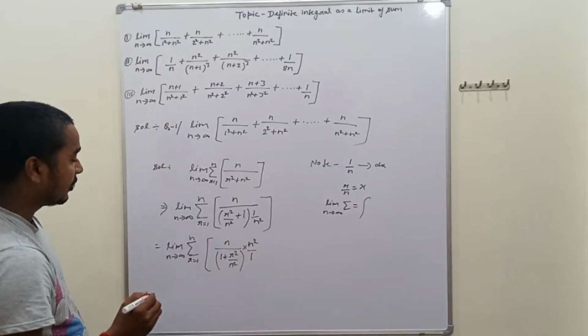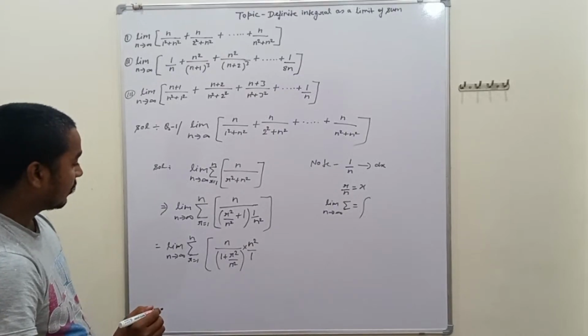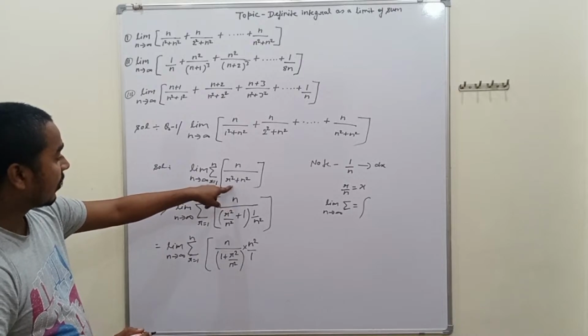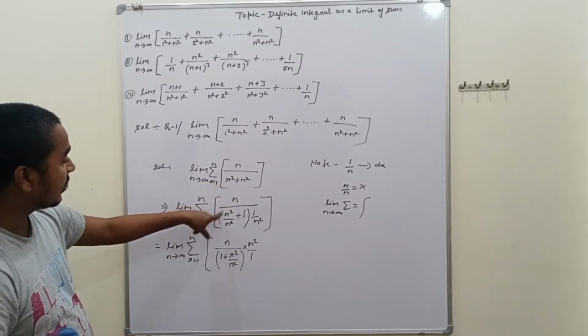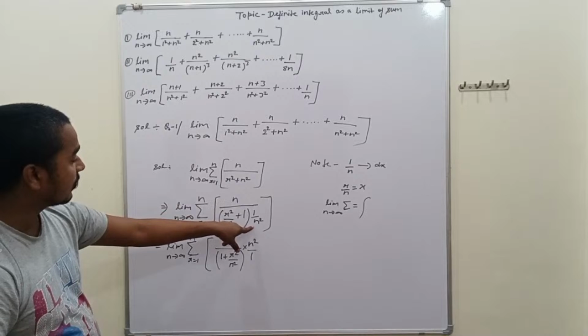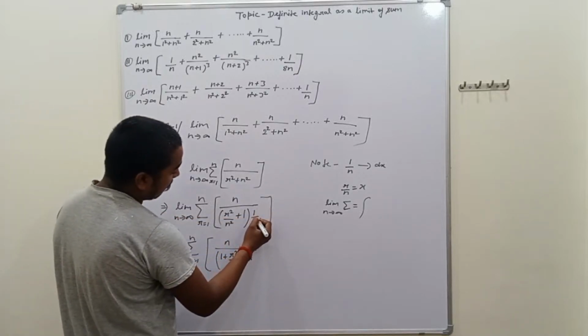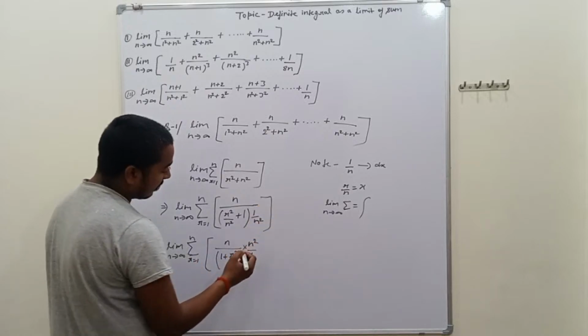This is n cube. Taking n square common from here, that is r upon n square, and on taking n square, it is n cube.